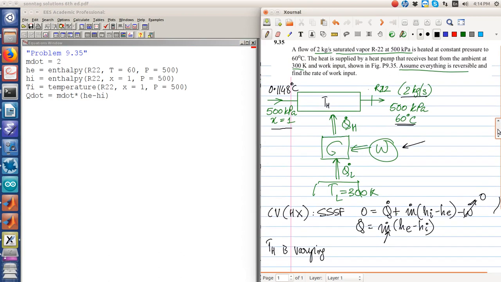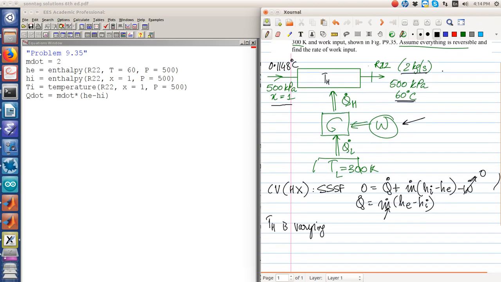See, the idea is very simple. You must find out what the rate of work done is. So we must somehow make use of the first and second laws for the entire control volume. There is one mass inlet, one mass outlet, one work done and one heat transfer.